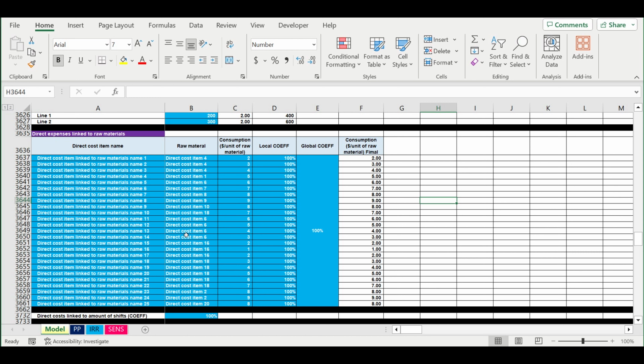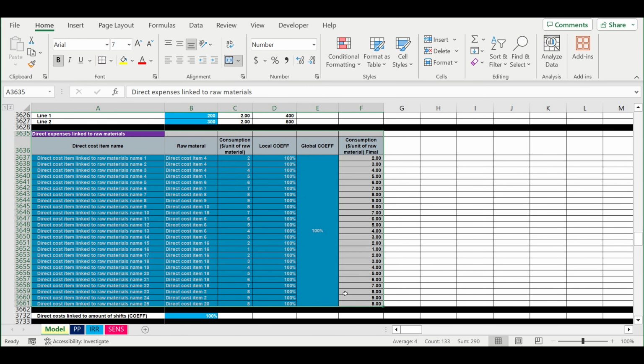When you have some business idea in mind, you need to define your project direct cost and link them to the right parameter. For example, some direct cost will be linked to the amount of products manufactured. Another portion of direct cost will be linked to the amount of raw materials needed for the manufacturing process.